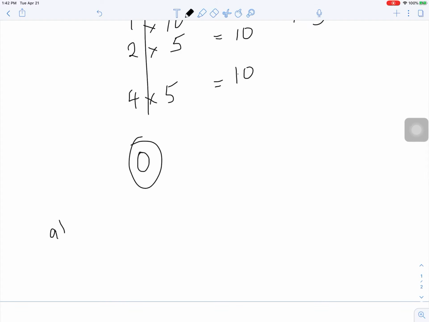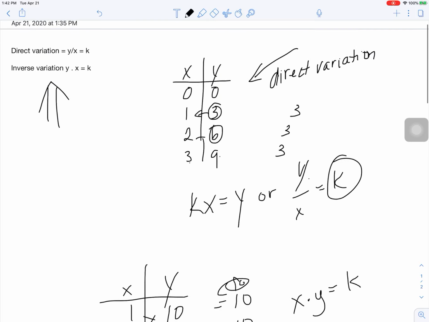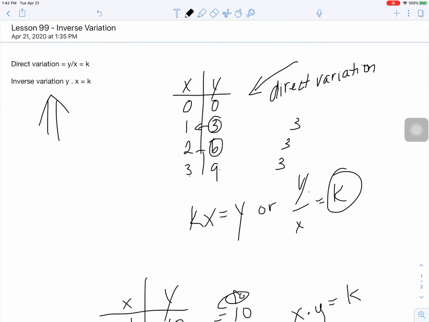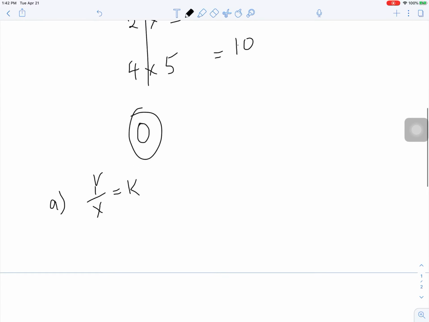So when you look at direct variation, for example, the first problem that they give you is y divided by x equals k. What's that an example of? Well, we talked about that earlier. y divided by x equals k is an example of direct variation.